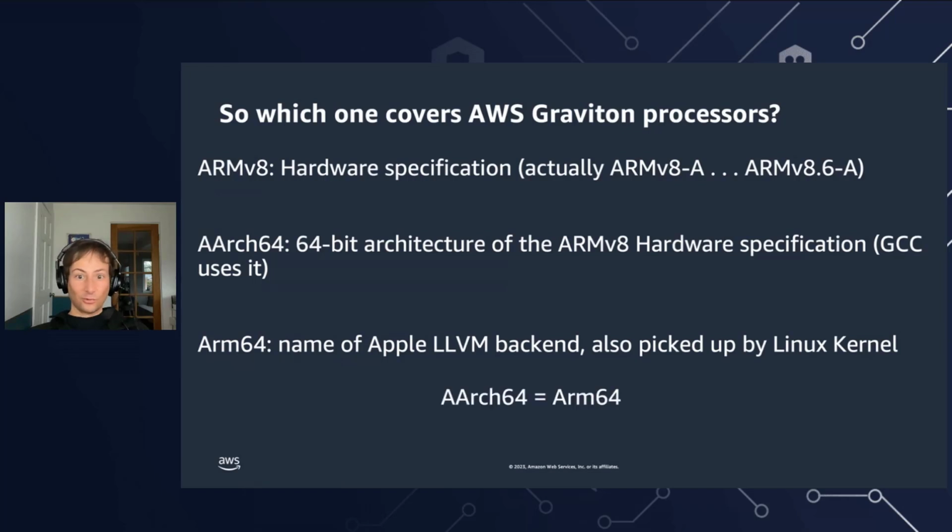So for all practical purposes, you can consider AArch64 and ARM64 as the same thing when you're looking for software. If you find a package that is targeting AArch64, that's probably what you're looking for. If you find one that is targeting ARM64, that's probably also what you're looking for.